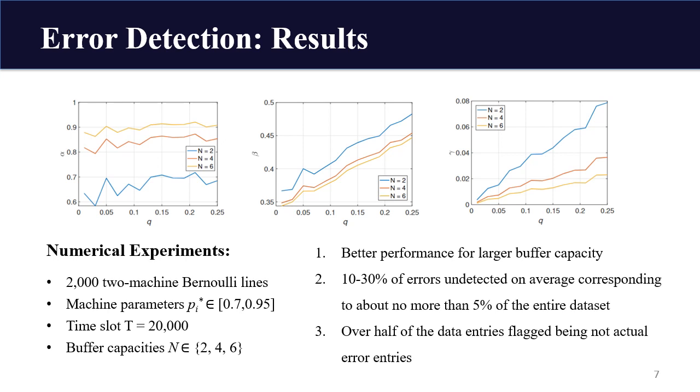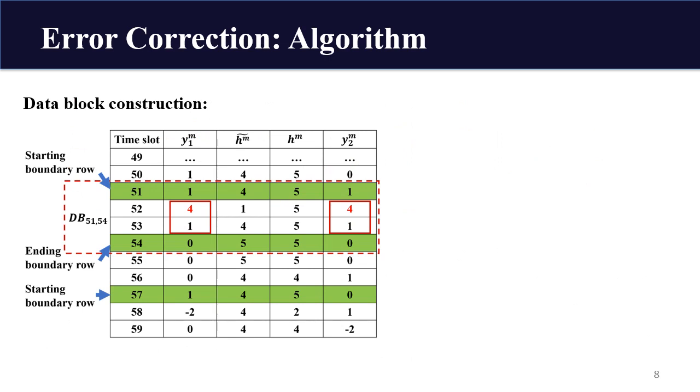Thus, we propose a data block-based approach that can effectively and efficiently identify and correct the errors in the buffer occupancy data. To locate and correct the errors in the buffer occupancy data, note that the measured dataset can be expressed as a table, with each row n representing the measured data of time slot n.